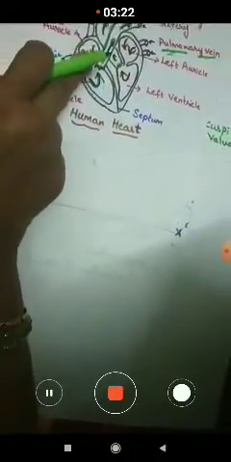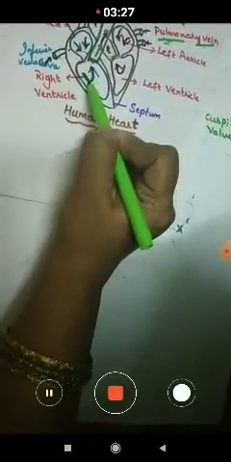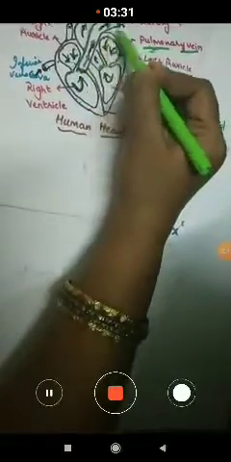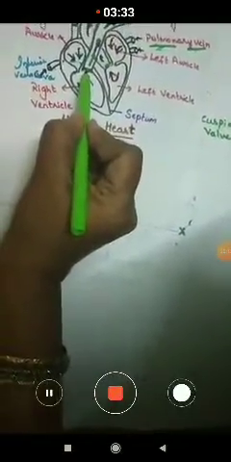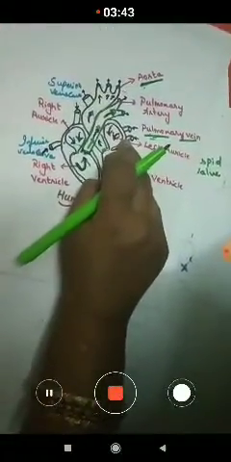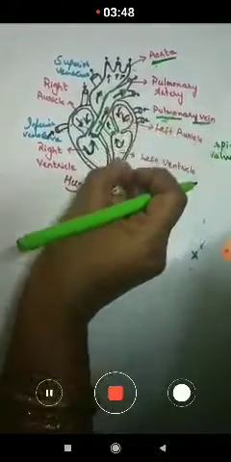When the blood reaches the pulmonary artery from the right ventricle, again it opens, and as it moves through the pulmonary artery, again it closes. So here also, from the left auricle, the bicuspid valve opens and again closes.